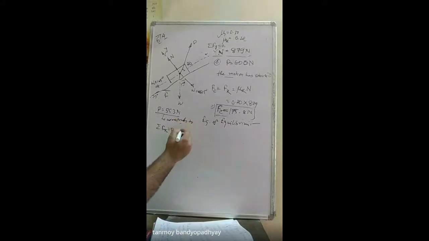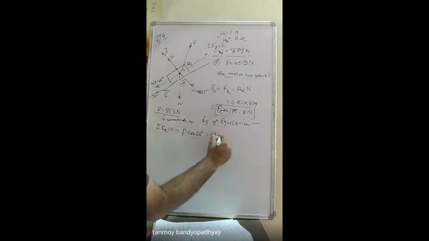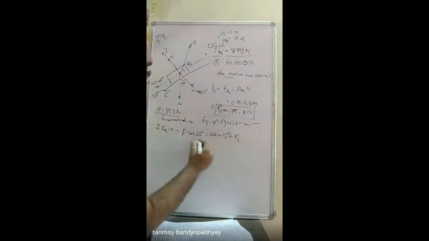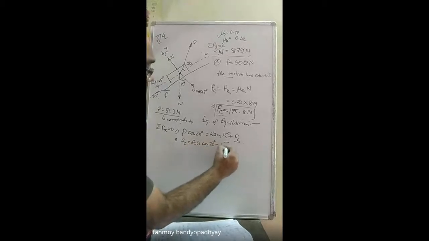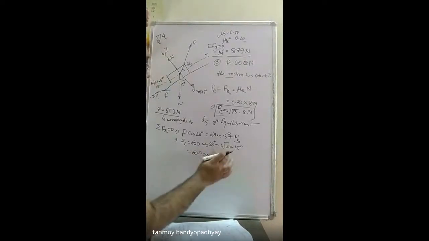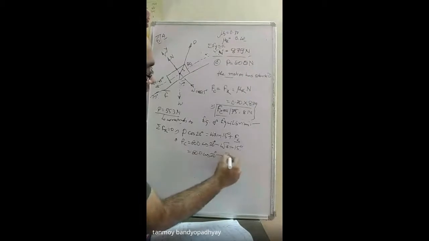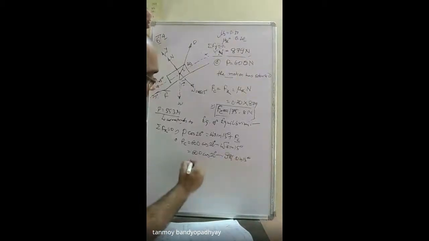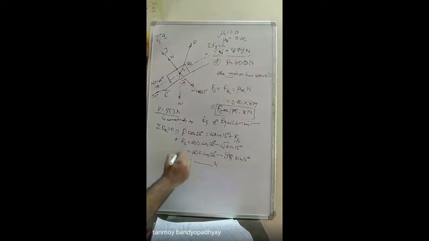So P cos 20 degree in the x direction, friction is in the downward direction, so that is equal to W sin 15 degree plus frictional force C. So FC will be equal to 600 cos 20 degree minus W sin 15 degree. W is 981 I think. Just check what is the value of FC we are getting. So this is the actual frictional force value.